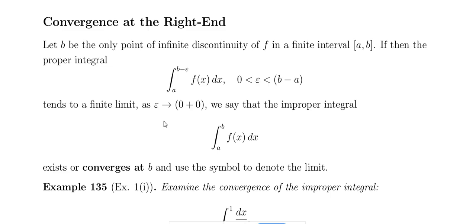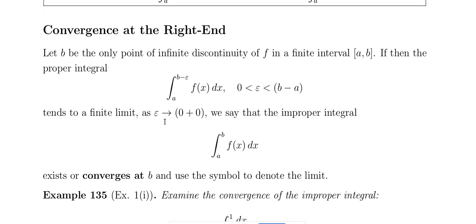The next one is convergence at the right end. We saw the left end, where we considered a plus. What do we consider at b? That is called b minus. In the interval a, b, if the function is unbounded, that is called the improper integral.